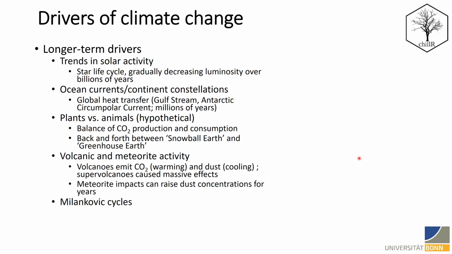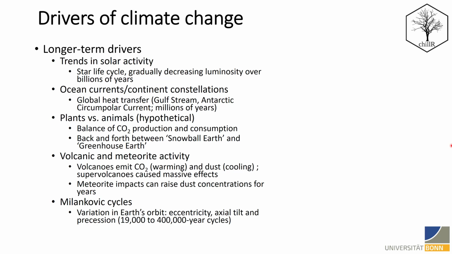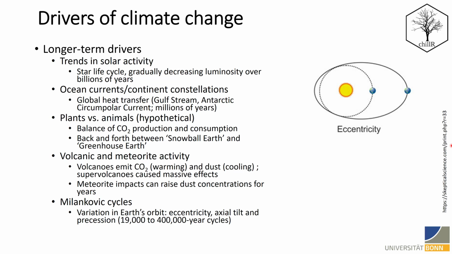A fairly interesting phenomenon that we also see driving our climate is the so-called Milankovitch cycles, which basically describes variation in the Earth's orbit. And these are the eccentricity, the axial tilt, and the precession. So the eccentricity basically means how elongated the Earth's orbit is.